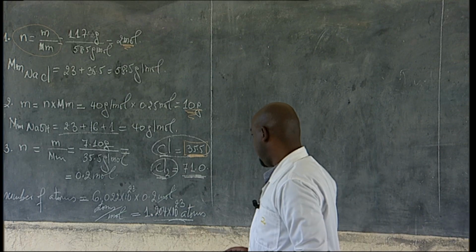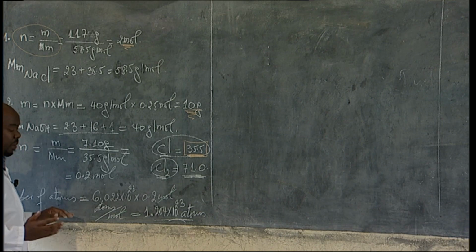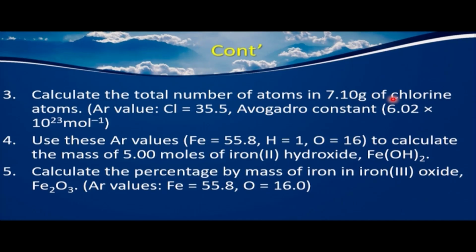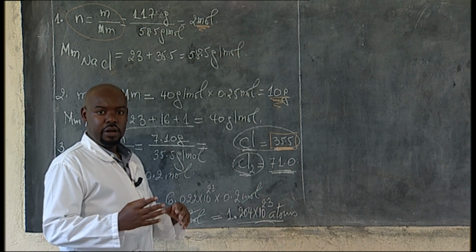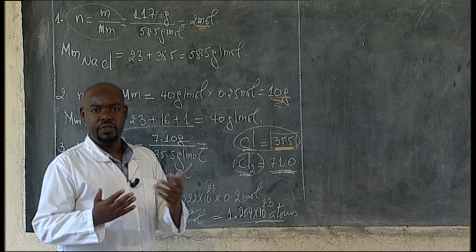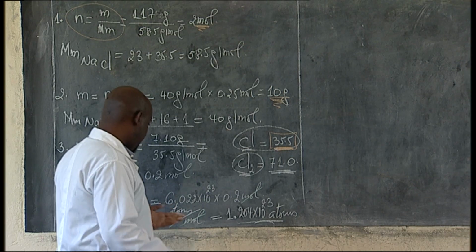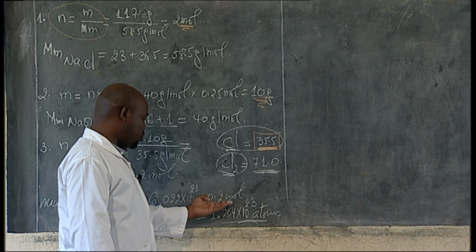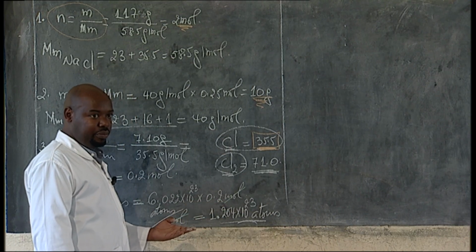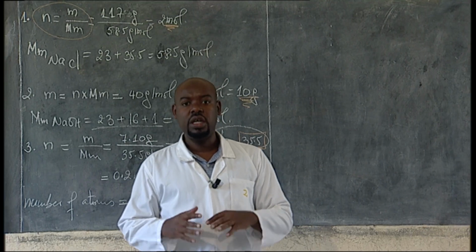If you want to calculate the number of particles, make sure you use the Avogadro's number. It is a constant value, okay? And many of the times it is given, so you don't have to cram it. There is no need, okay? And with the Avogadro's number, what you need is to use the number of moles. So some questions may be direct, while others may be indirect.